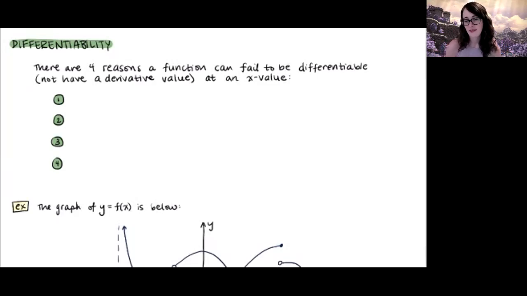So that's not really what was shown in the previous example, with radical x. But if there's a discontinuity, then the function doesn't have a tangent line there.